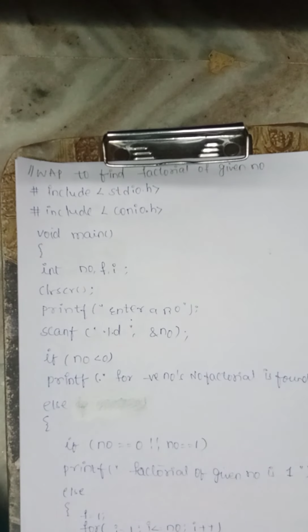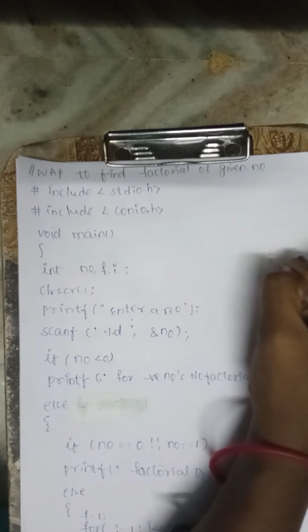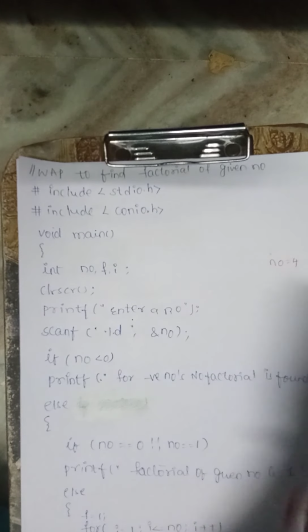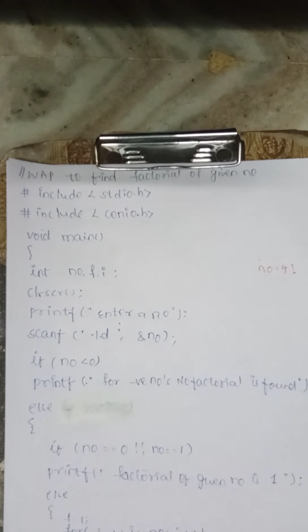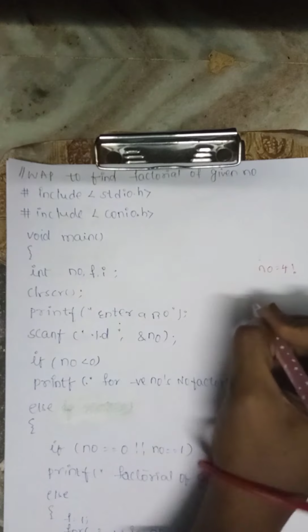Now, first of all, what is meant by factorial? We need to understand. Normally, I'm considering the number as 4, and I want to find the factorial of 4. How do we calculate the factorial of a number?